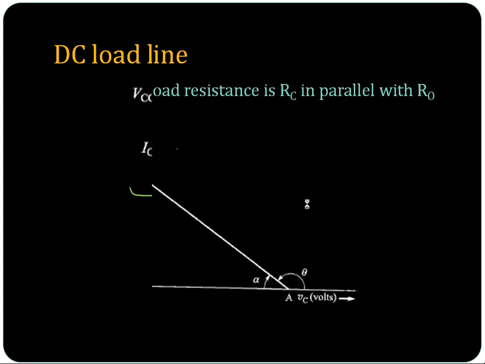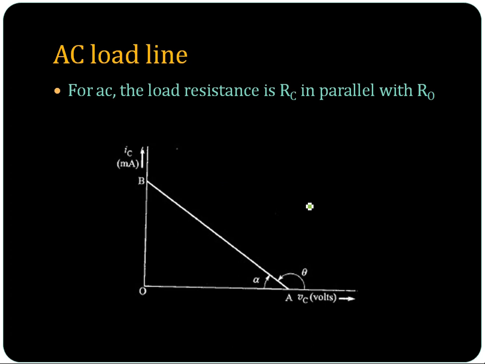Now I am introducing a new concept, which is the AC load line. For AC, the load resistance is a parallel combination of RC and R0 as far as the AC signal is concerned.